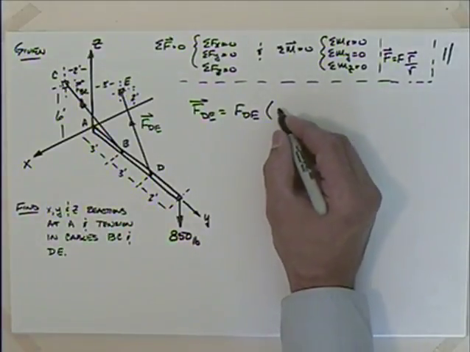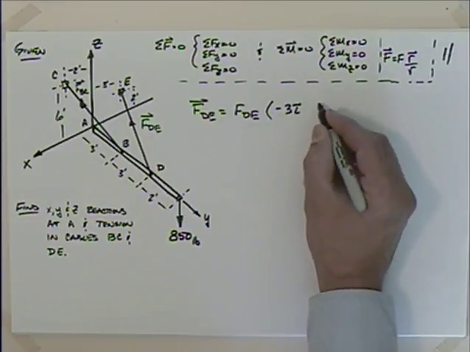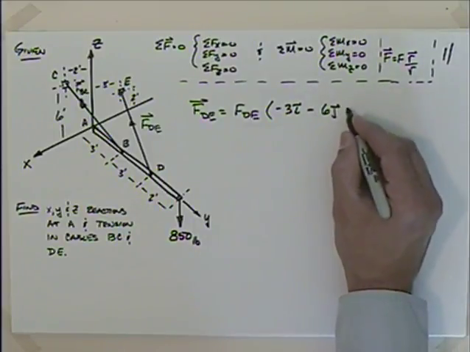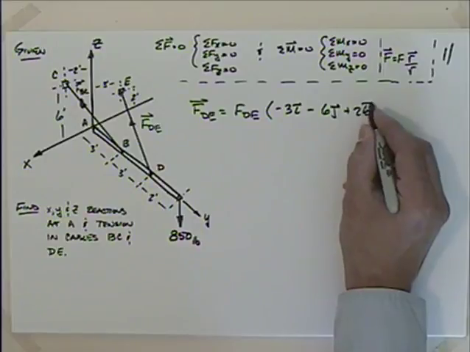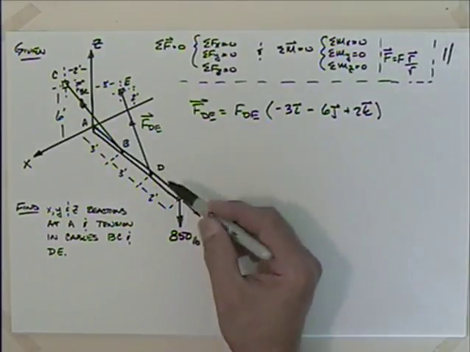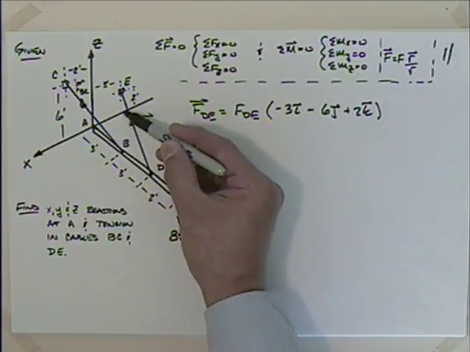So to do that, I would go minus 3 in the I direction, minus 6 in the J direction, plus 2 in the K direction. Is that right? So I'd have to go, let's see, minus 6 in the Y. That's correct. And then minus 3 in the X. That's correct.